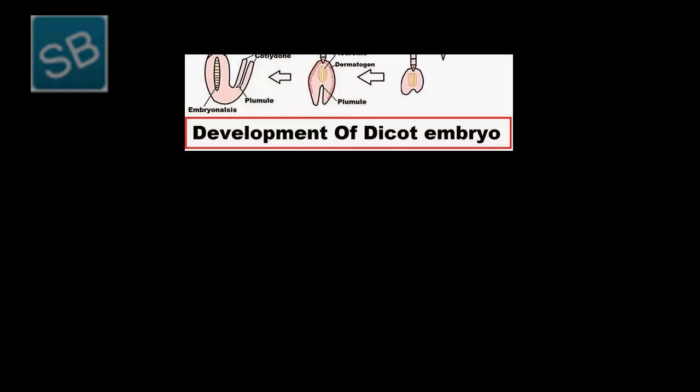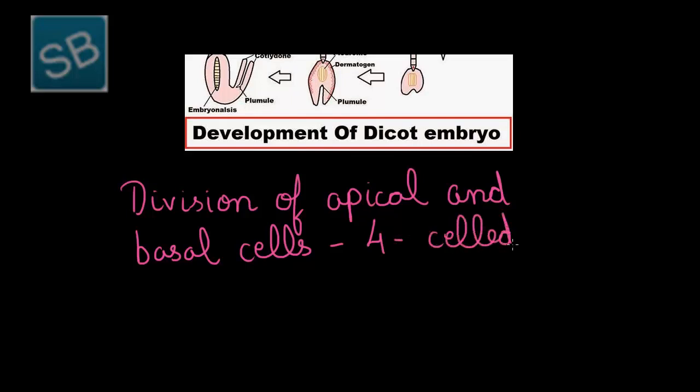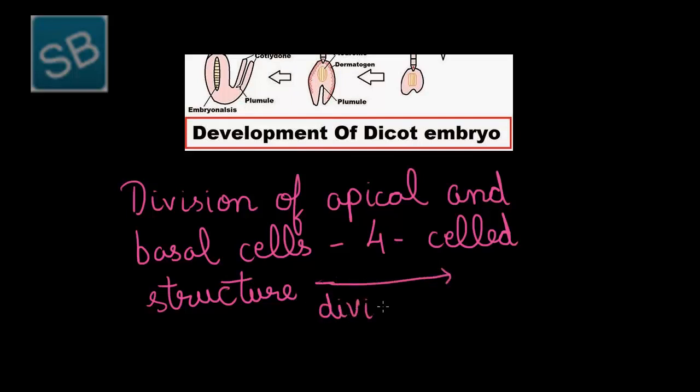Thus, division of apical and basal cells forms a four-celled structure which divides to form an octant, that is a eight-celled structure.